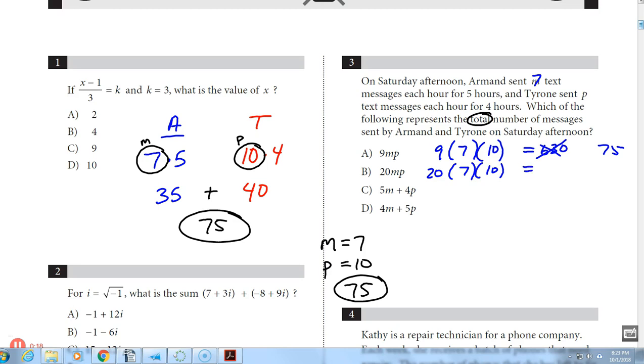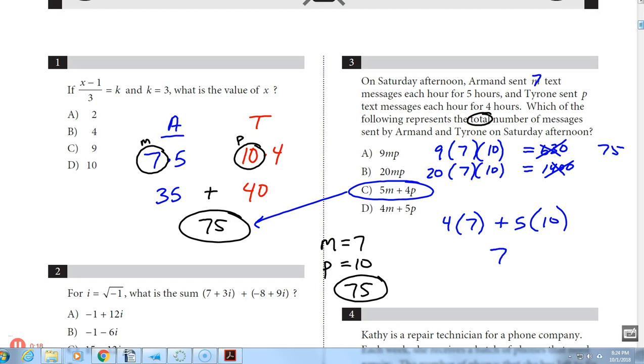That'd be 1,400 texts. That's ridiculous. That's not it. If you plugged it into C, it would work. I already showed you that over here. But if you want to check this last one, 4 times the 7 plus 5 times the 10 is 28 and 50. That's close, but not quite.